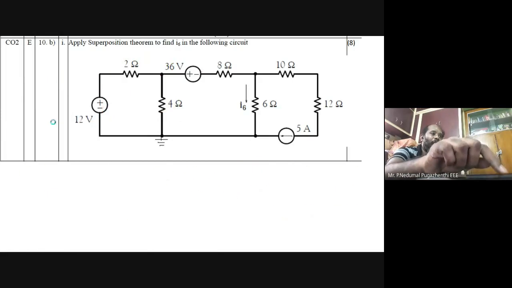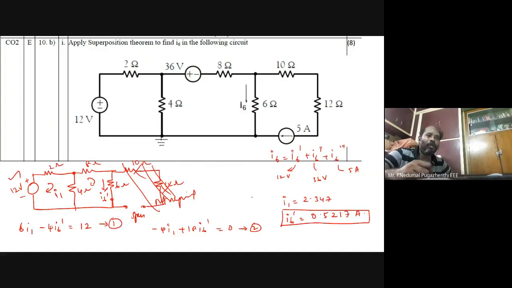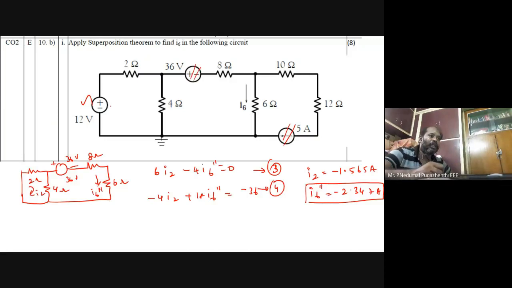I will repeat the same question. Very simple actually. In the first case, you consider only the 12 volt. You eliminate these two by their equivalents, and try to find what is I6. I got I6 is equal to 0.5217 amperes. In the second case, consider this 36 volt.